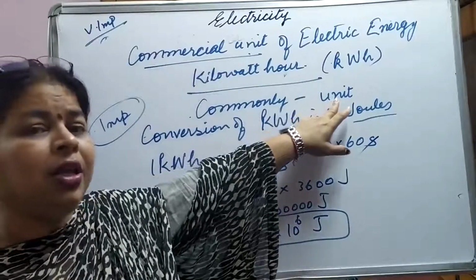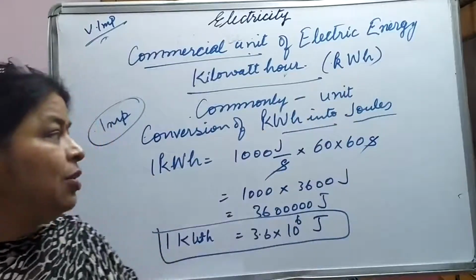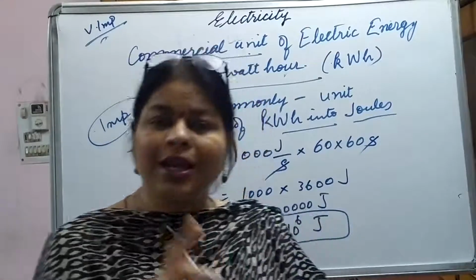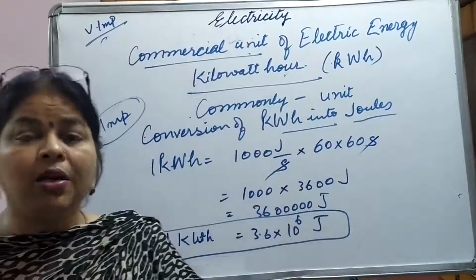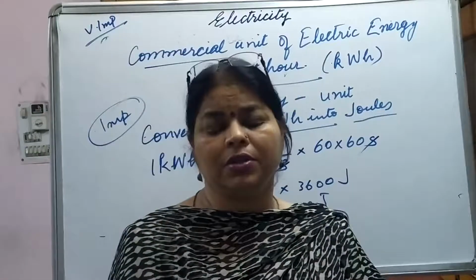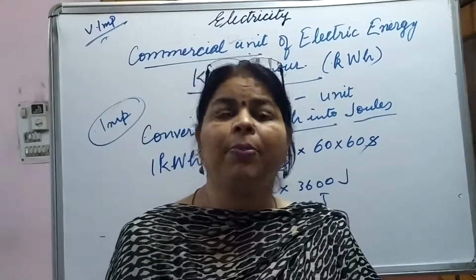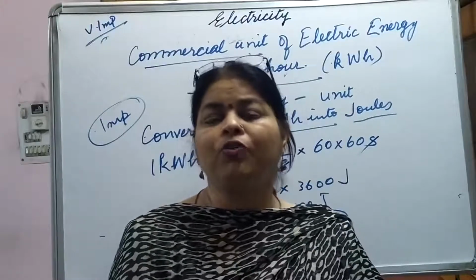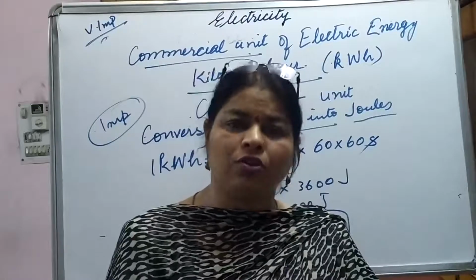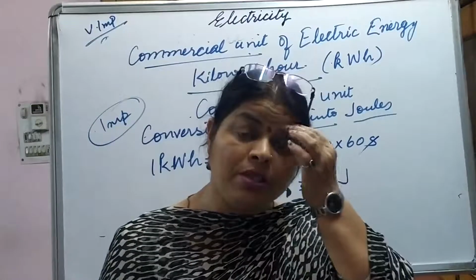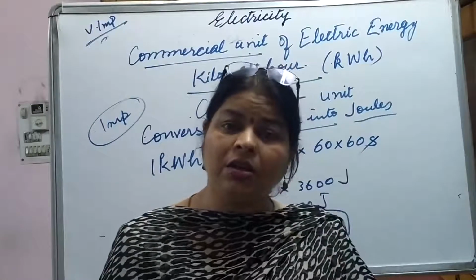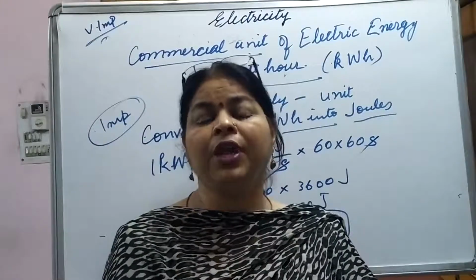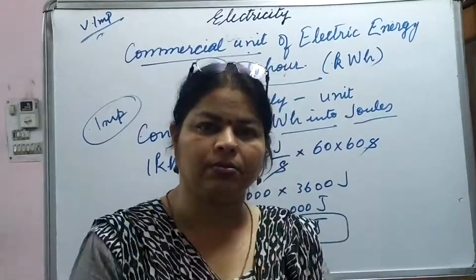When electrons move, they do some work. We pay the electricity board or electric company to provide energy to move electrons, for the work done on electrons moving in the circuit.